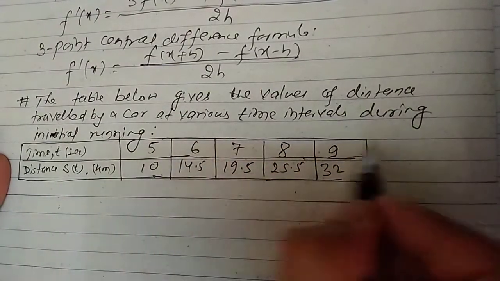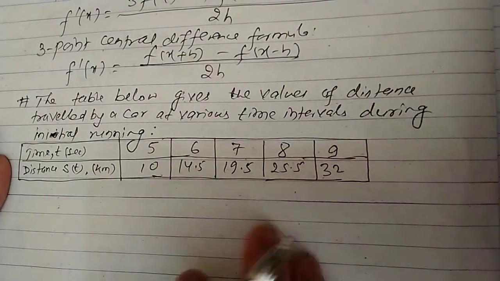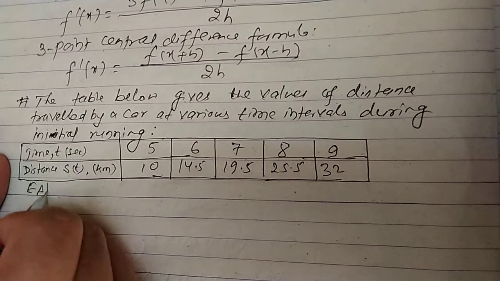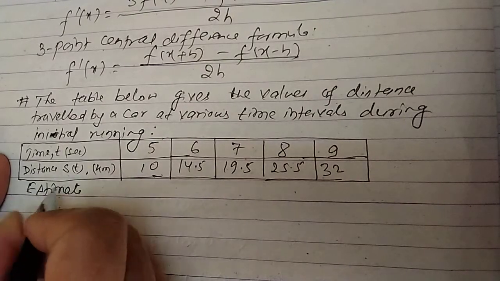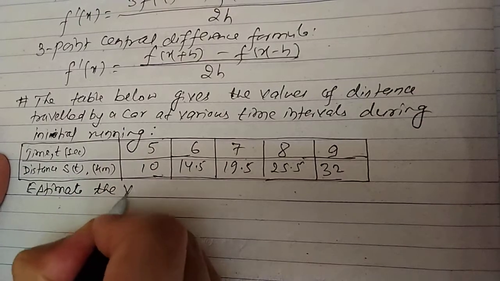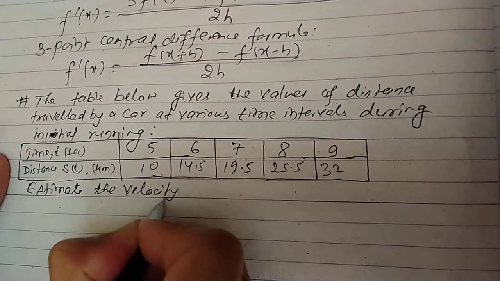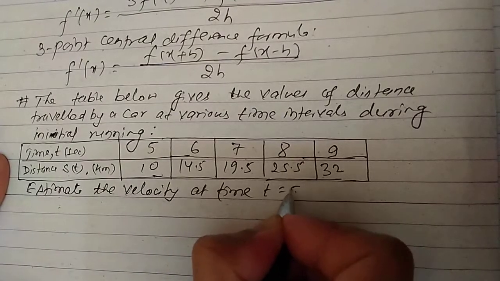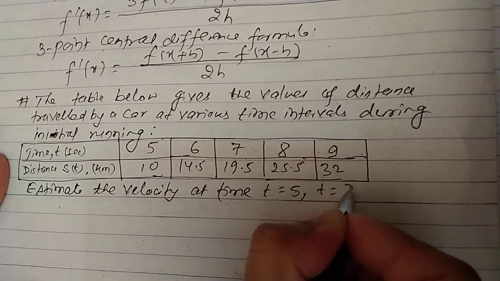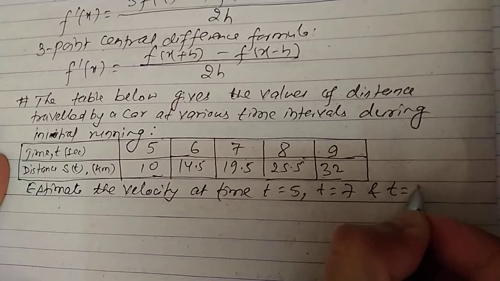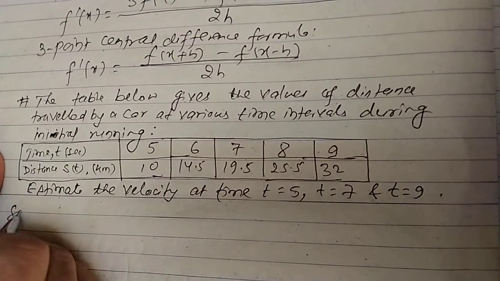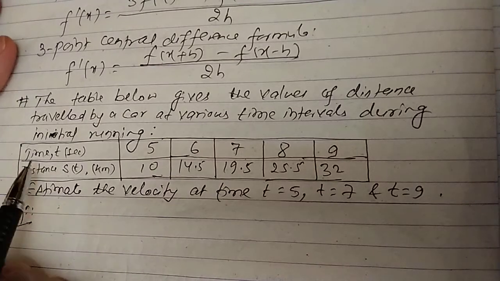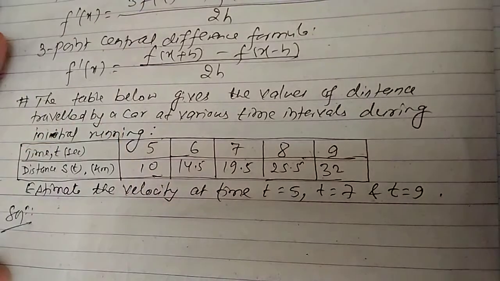So these are the time in second and these are the distance covered in kilometer. Estimate the velocity at time t equals to 5, t equals to 7 and t equals to 9 seconds. So this is a tabulated function, so we will be using this formula.